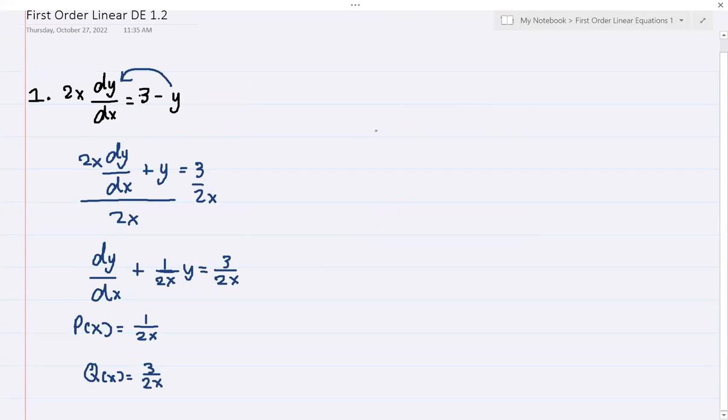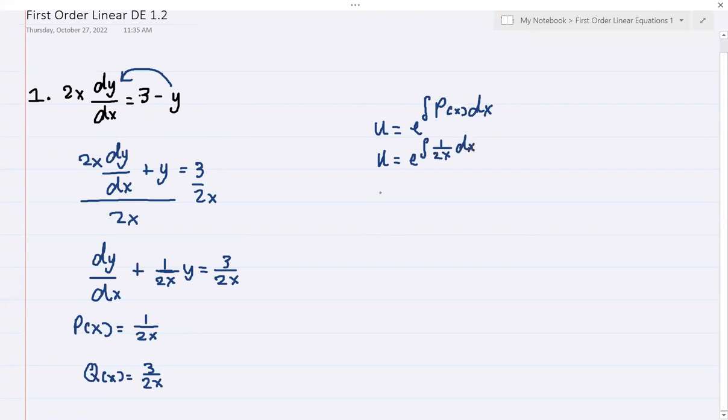The integrating factor is u is equal to e raised to the integral of p of x dx. So, what is your p of x? Your p of x is 1 all over 2x. Therefore, you will have u is equal to e raised to the integral of 1 all over 2x.